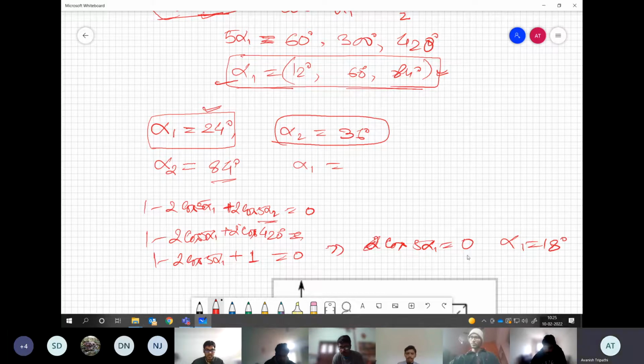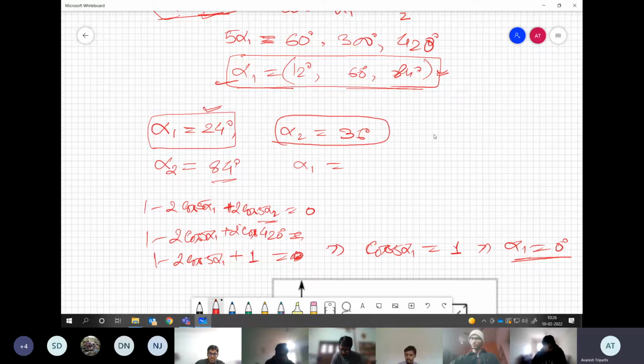Sorry, I missed here. Maybe I have made a calculation mistake. Okay, so this becomes cos 5 alpha 1 is equal to 1, right? Yes, sir. Alpha 1 is equal to 0 degree, you are saying. 0 degree, or could any other option be there or not?